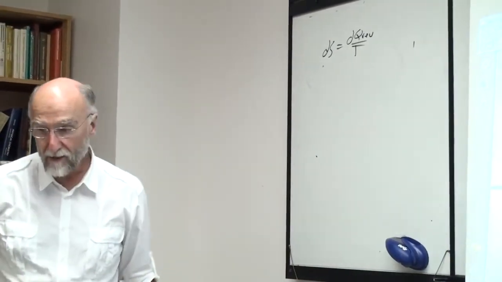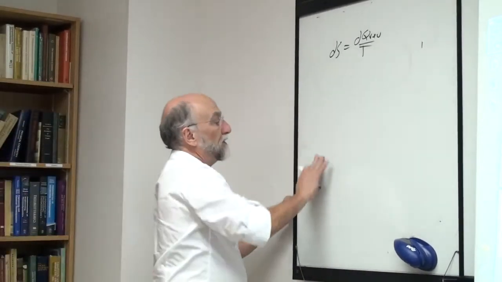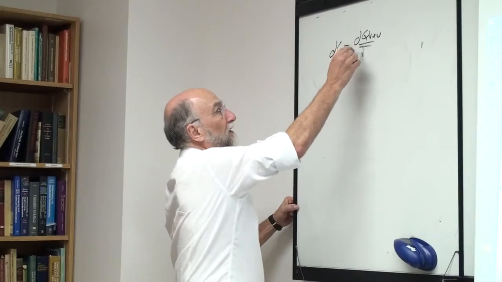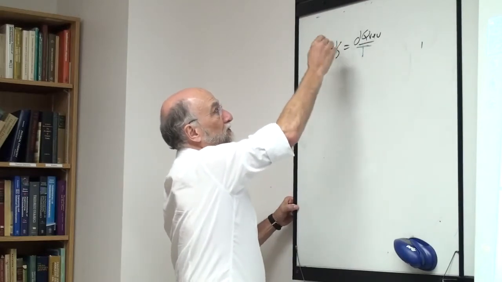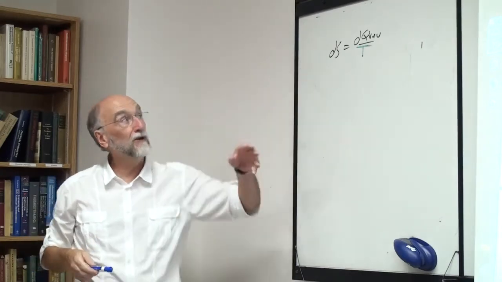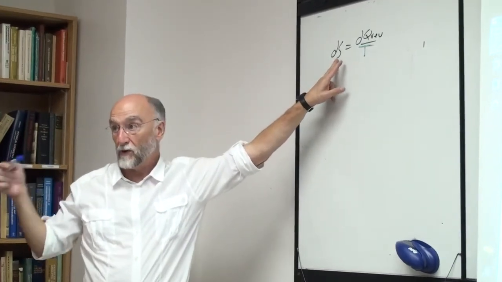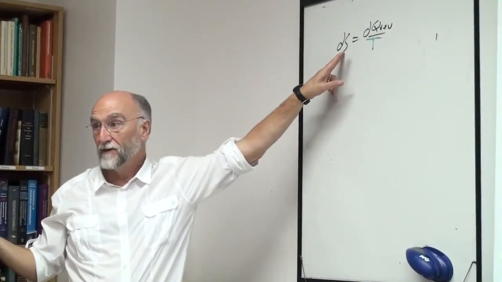Just to go back here, as I said, I define T in terms of Kelvin, q is joules, so entropy has units of joules per Kelvin, or since it's an extensive property, joules per mole Kelvin if it's a molar property.